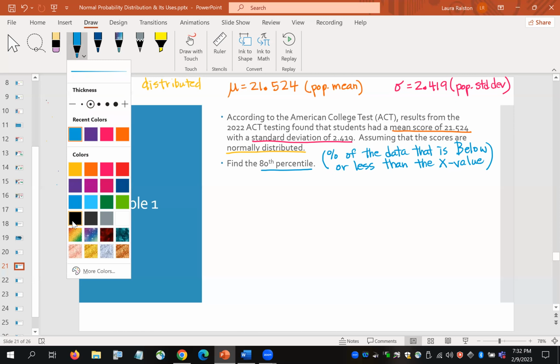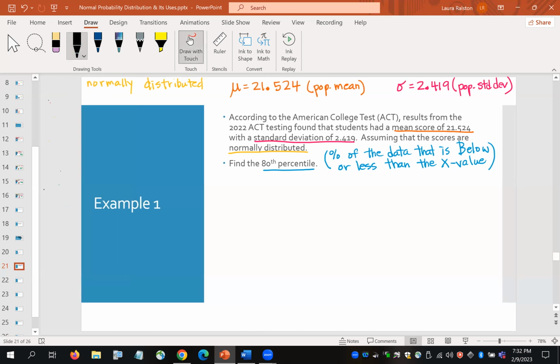Now, again, let's look at a picture. I have a bell-shaped curve. My mean is in the middle, which is 21.524. Remember, the mean is a measure of center.